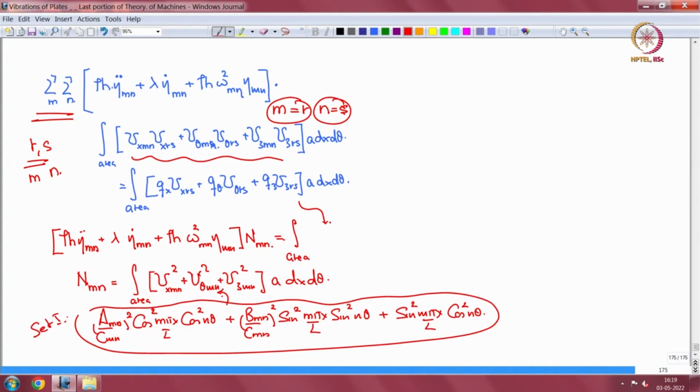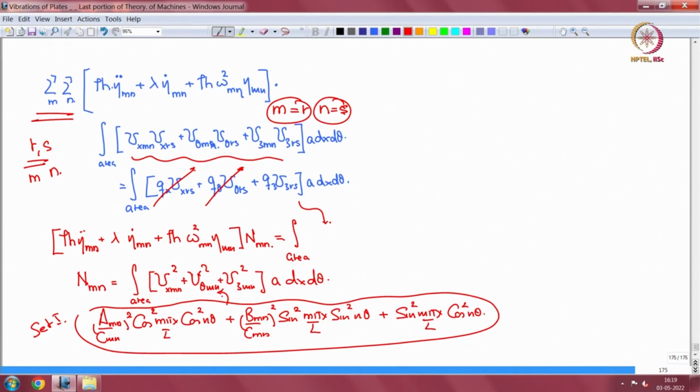Okay. Now we are going to look at only transverse force. So q x and q theta will temporarily be set to 0. Okay.